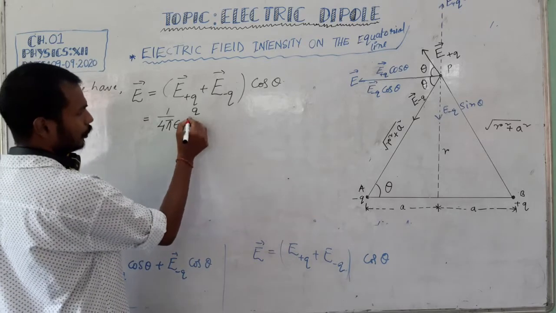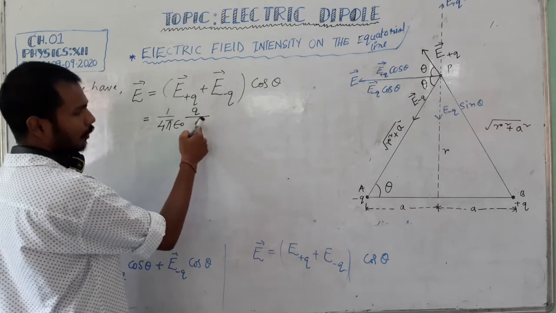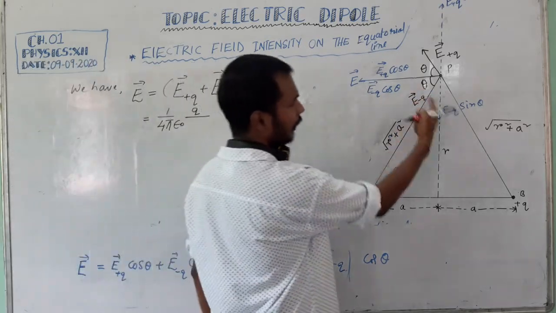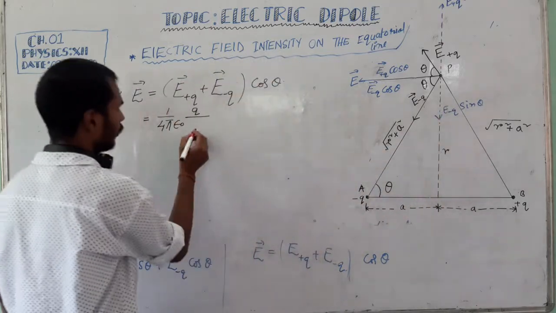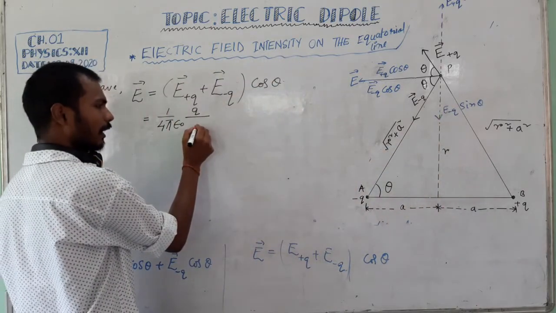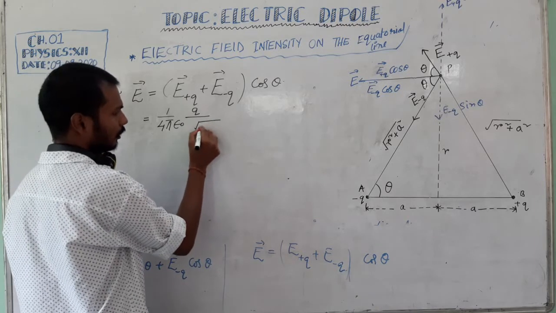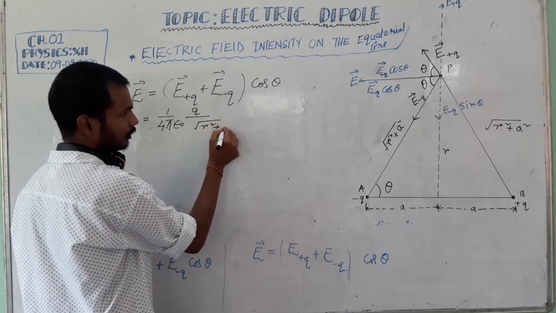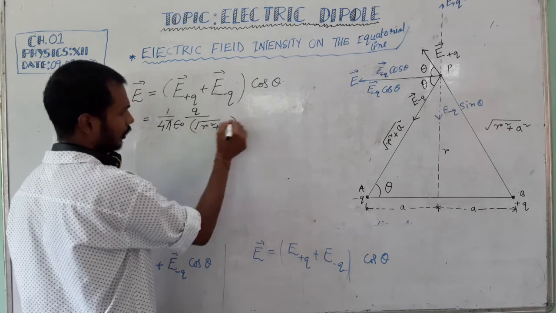Now Q by the distance between P and B, which is root over r square plus a square, whole square.